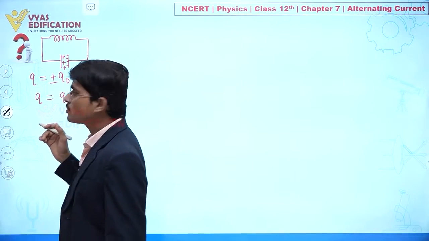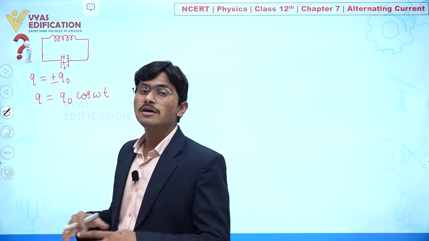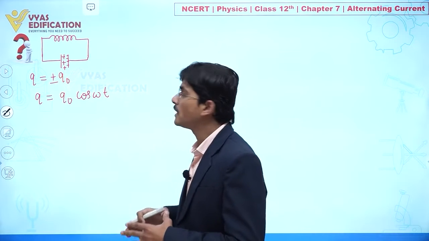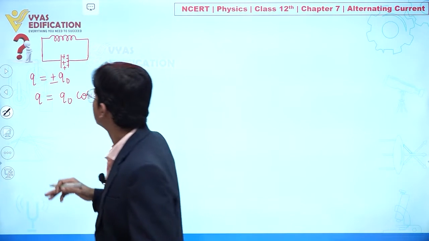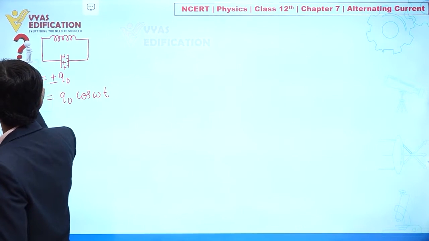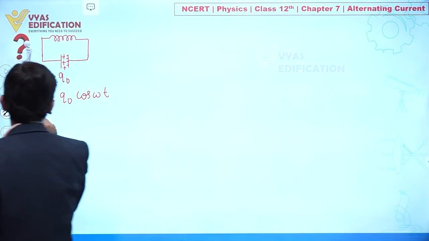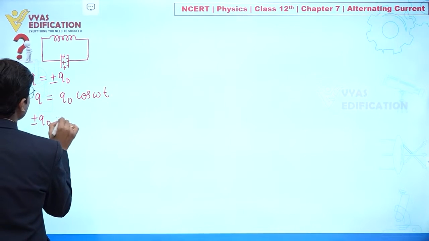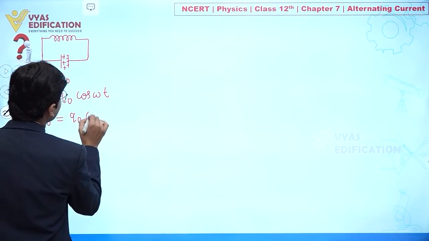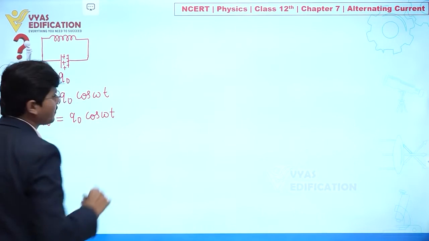So it is also given that all the energy that is stored is electrical energy. Electrical energy means we are talking first about part number 1. Electrical energy means this value Q is equal to plus minus Q naught. So plus minus Q naught is equal to Q naught cos of omega t. Clear?